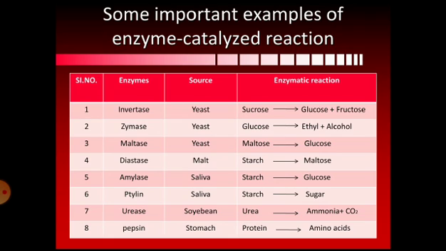It is present in soya bean, and it converts urea into ammonia and carbon dioxide. And the last one, pepsin, which is present in the stomach, converts proteins into amino acids.